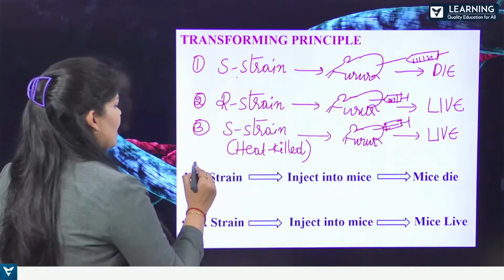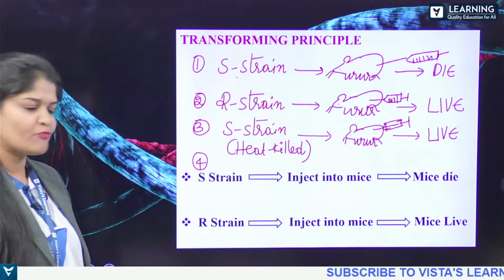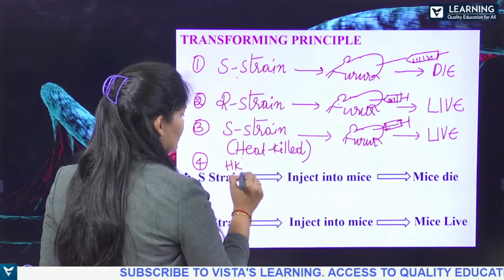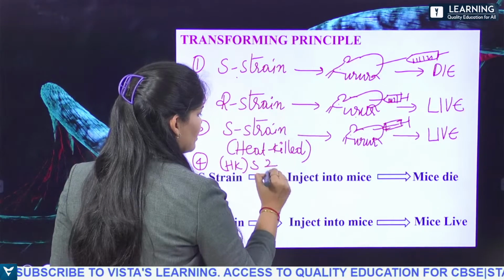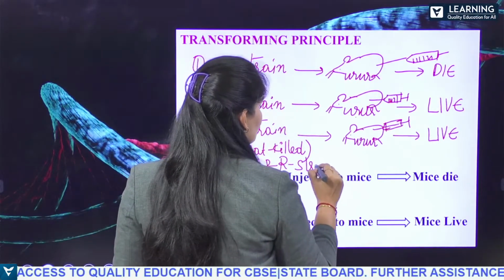Now, in the fourth series of experiments, he took heat killed S strain plus live R strain.